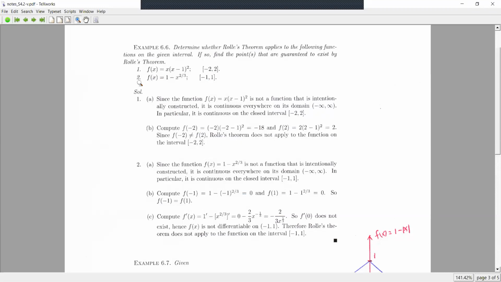The second function, number 2. This function, again, is not an intentionally constructed function. It is not a piecewise defined function. So the function is continuous everywhere on its domain. You can try some numbers with your calculator.